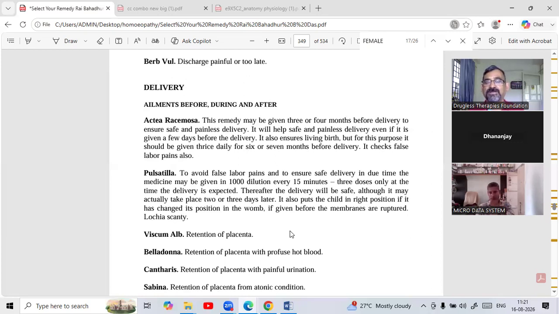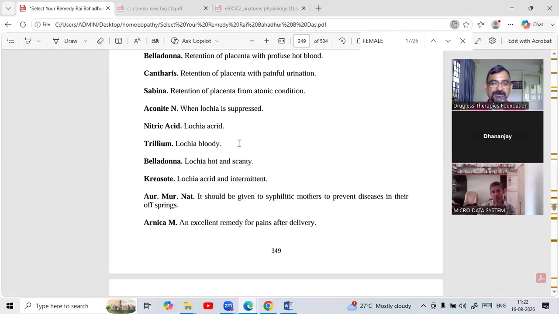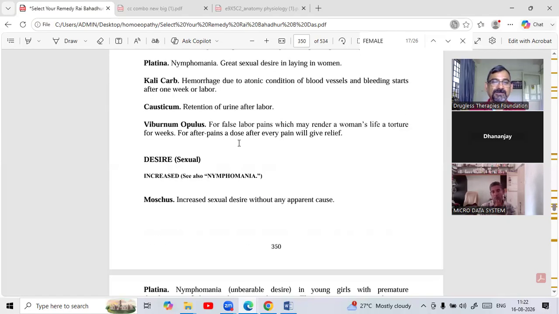Everything happens during the delivery time. So at least remember Actaea racemosa and pulsatilla. Pulsatilla for an unturned baby, and Actaea racemosa given for the last 3 months will give a normal natural delivery. Good.